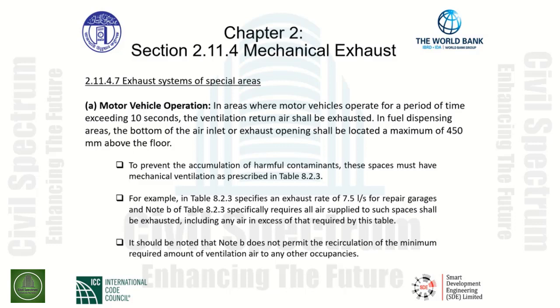These spaces must have mechanical ventilation as prescribed in Table 8.2.3. For example, in Table 8.2.3, it specifies an exhaust rate of 7.5 liters per second for repair garages, and Note B of Table 8.2.3 specifically requires all air supplied to such spaces shall be exhausted, including any air in excess of that required by this table.